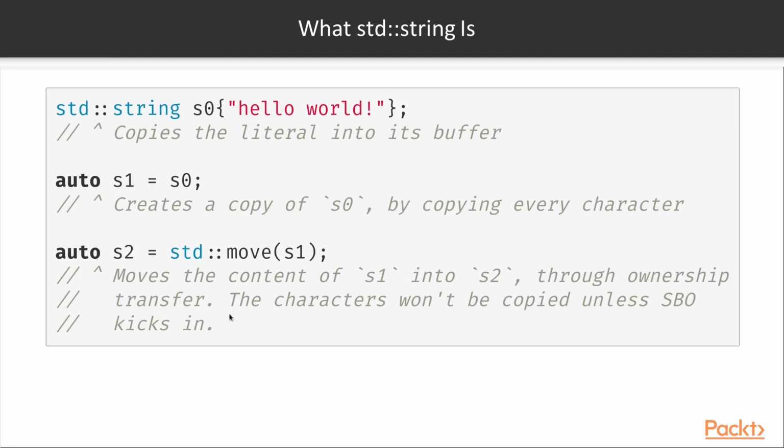This means that in the case of a move, such as this one over here, s1 will give away ownership of that pointer to s2 and no characters will be copied. This kind of ownership transfer only requires a few pointer assignments and is fast independently of the length of the string.